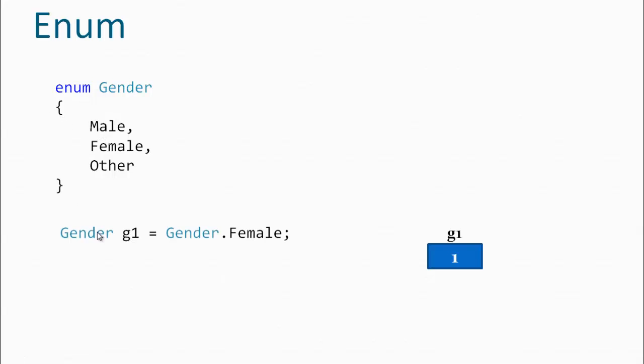Enum is another keyword which also allows you to create your own data type, but it's very different from structure. Here you can see that we have created a Gender data type using the enum keyword with a list of values: male, female and other. The meaning is that whenever you create a variable from the Gender data type, you will only be able to assign a value from this list to that variable.